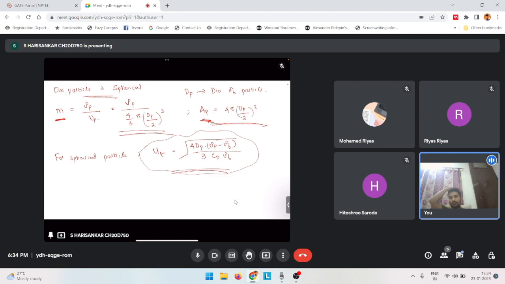So once you have noted this, there are three cases here that we will try to account for. The first case is at very low Reynolds number, and that is also called the Stokes regime. Then the other extreme, which is very high Reynolds number, and that is called Newton's regime.